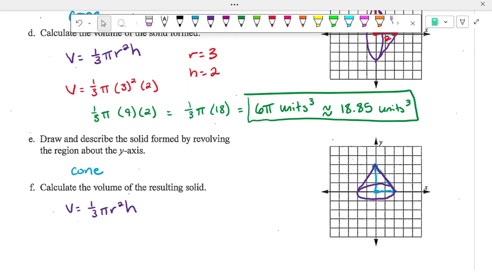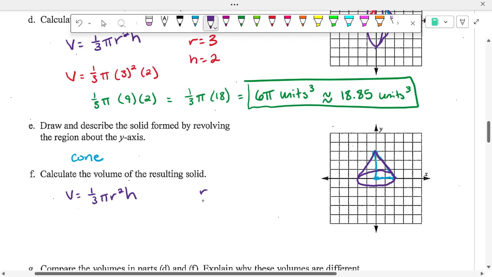So I need my radius and my height first. What's my radius? 2. If I go from the center to the edge, that's 2. What's my height? 3. Center to the top, 3.